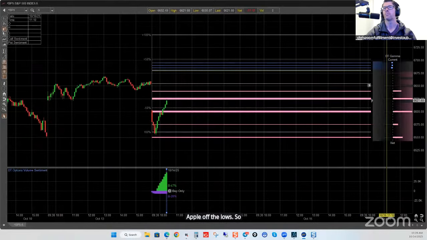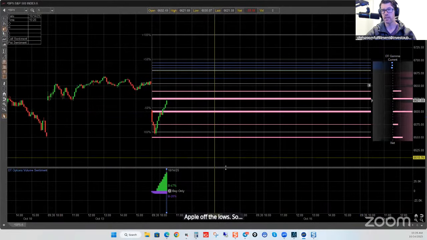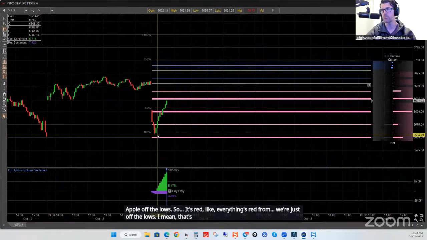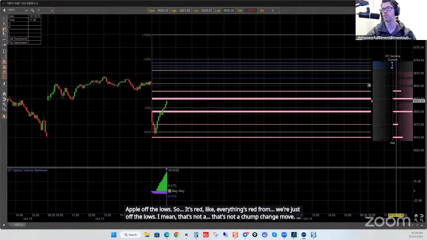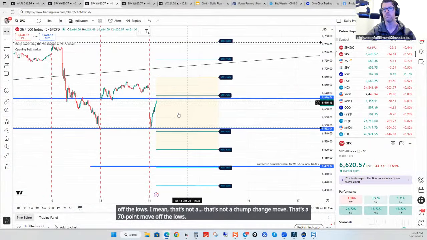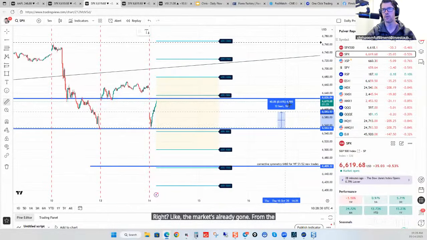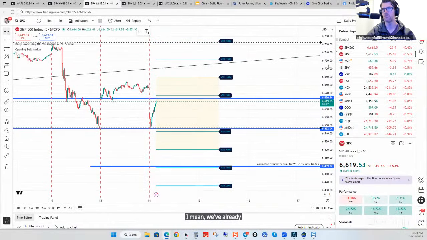So everything's red, but we're just off the lows. That's not a chump change move. That's a 70-point move off the lows. The market's already gone 1% off the lows today.